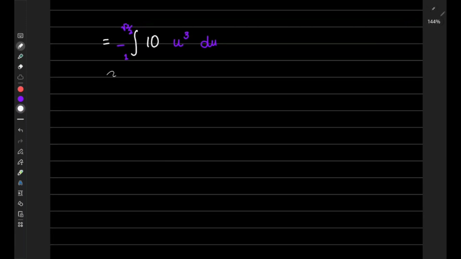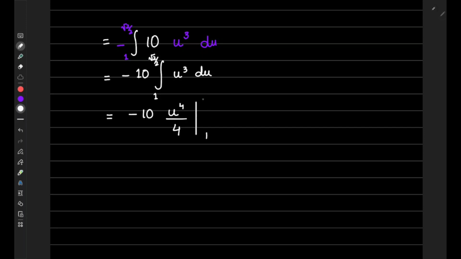Now integrate it. It will turn out to be minus 10 u to the power 4 over 4 with the limits 1 to root 2 over 2.